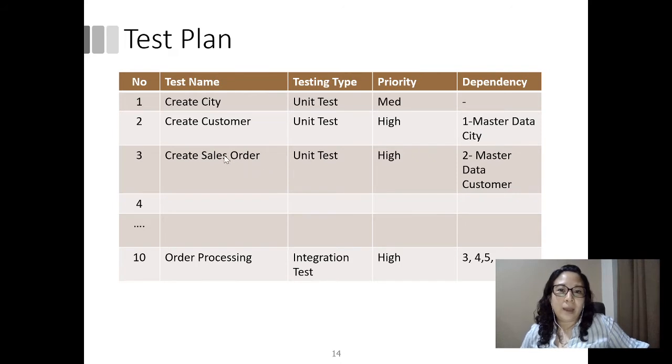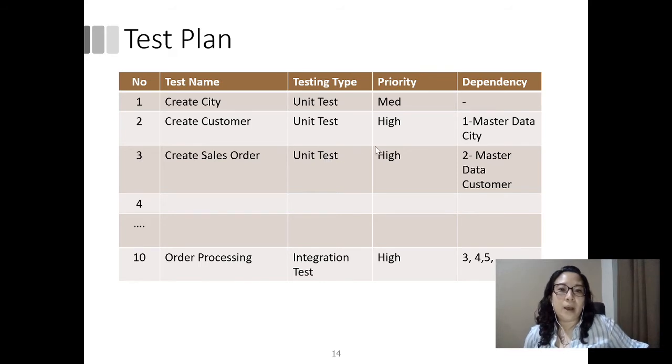Okay, and then for another example, we can put the test name as create sales order as a unit test, because it's only creating the order until inputting the order into the system, and that's it. So it's still considered a unit test.